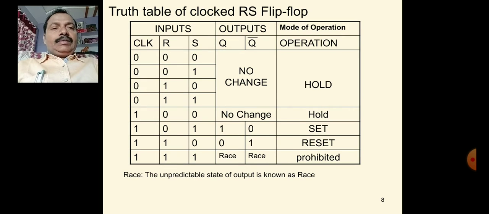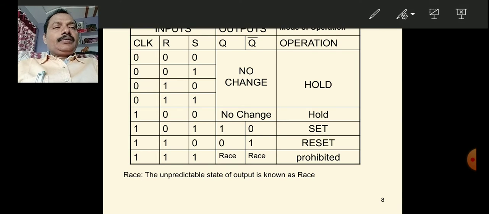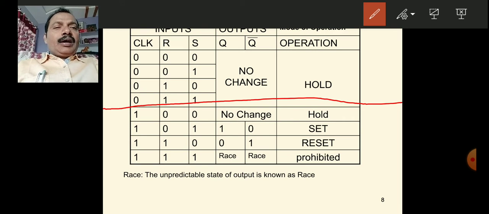Now, this is the truth table of the SR flip flop. If you observe up to here, when the clock is 0, whatever may be the RS inputs, 0 0, 0 1, 1 0, 1 1, the Q outputs have no change.